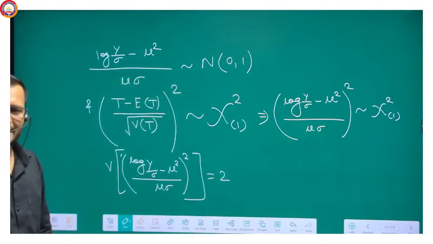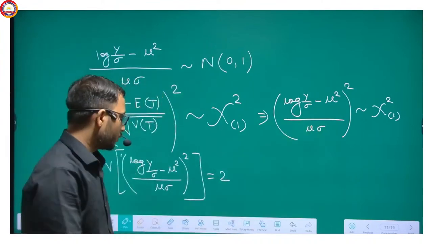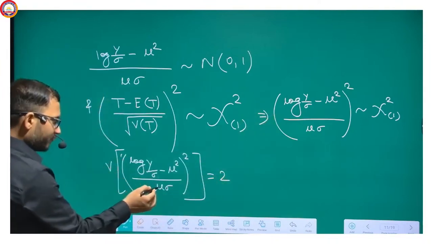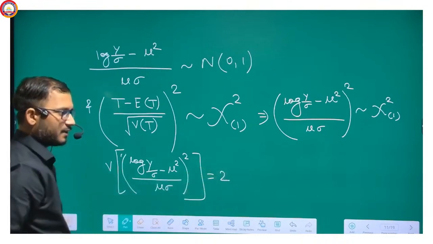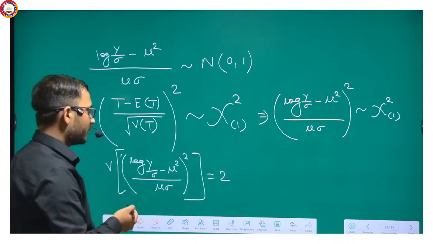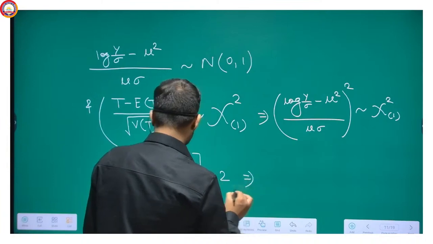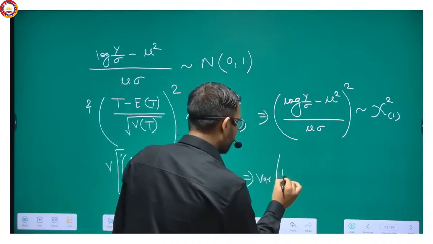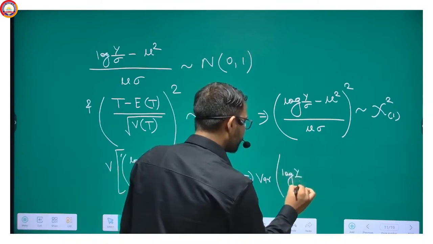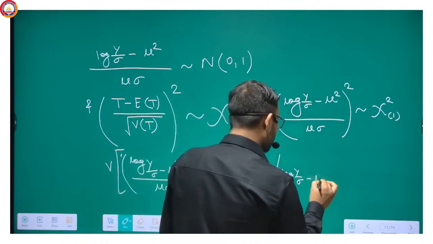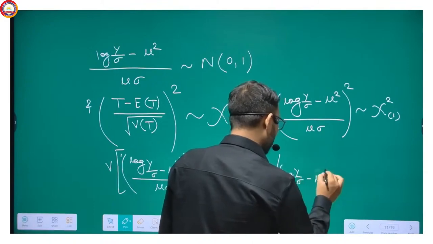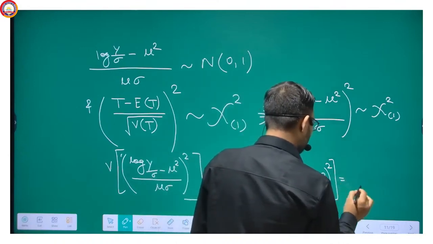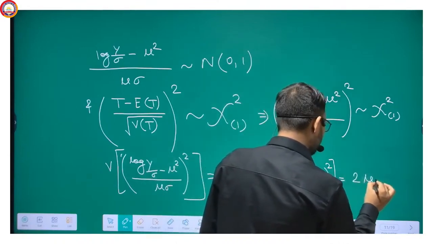The variance of chi square with n degree of freedom is 2n. So obviously n is equal to 1, so it will be 2. Now if I have to put the mu square sigma square outside it, what will be its value? Its value will be variance of log y upon sigma minus mu square whole square is equal to 2 mu square sigma square.